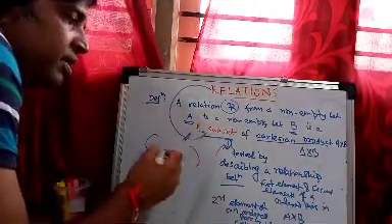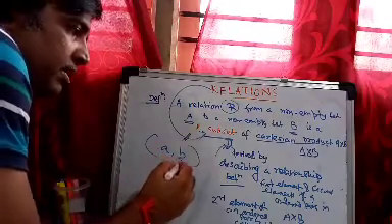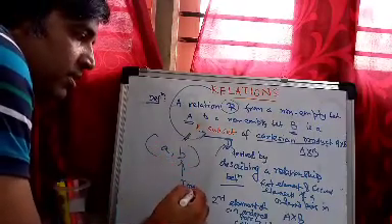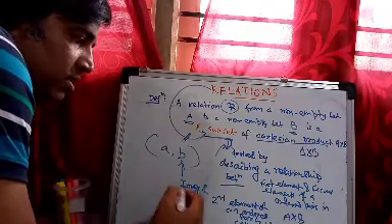We have an ordered pair (A, B), so this B is called the image of the first element.